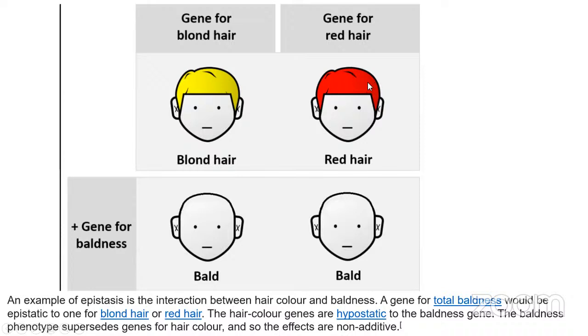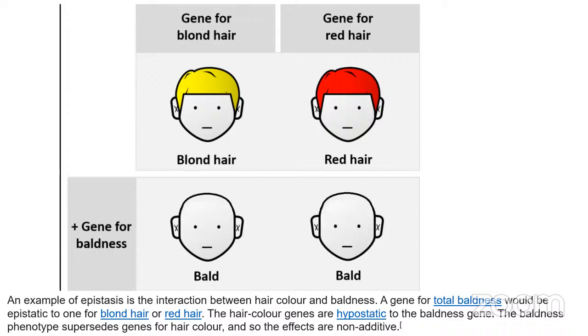So the phenotype of hair color is dependent on the gene for baldness. If the baldness gene is not present, then only the gene for hair color will be expressed. When the gene for baldness is present, the gene for hair color will not be expressed. This is known as epistatic.